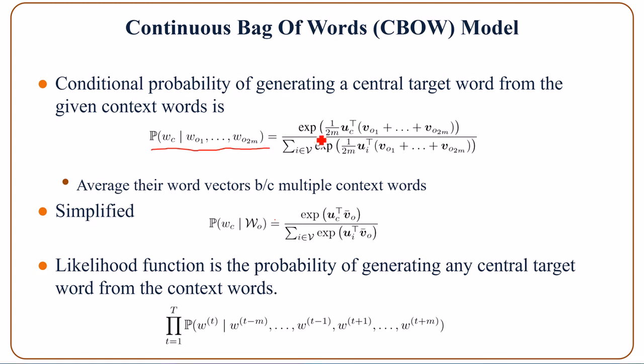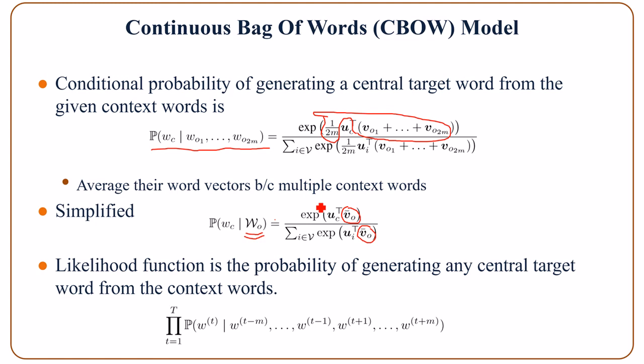Because we have multiple context words, here we average the word vectors. And let's denote it VO bar. So then we have VO bar here in the numerator and VO bar there in the denominator. And let's just use the notation WO for all the context words.